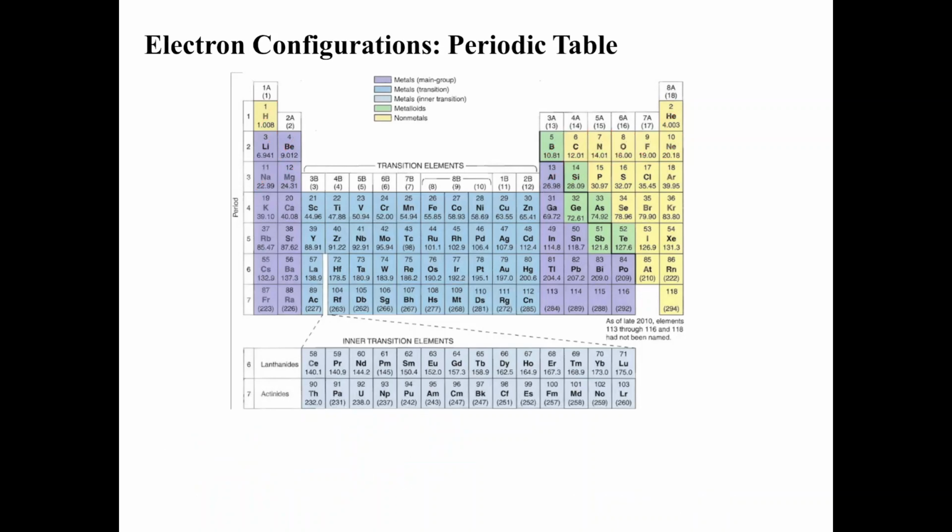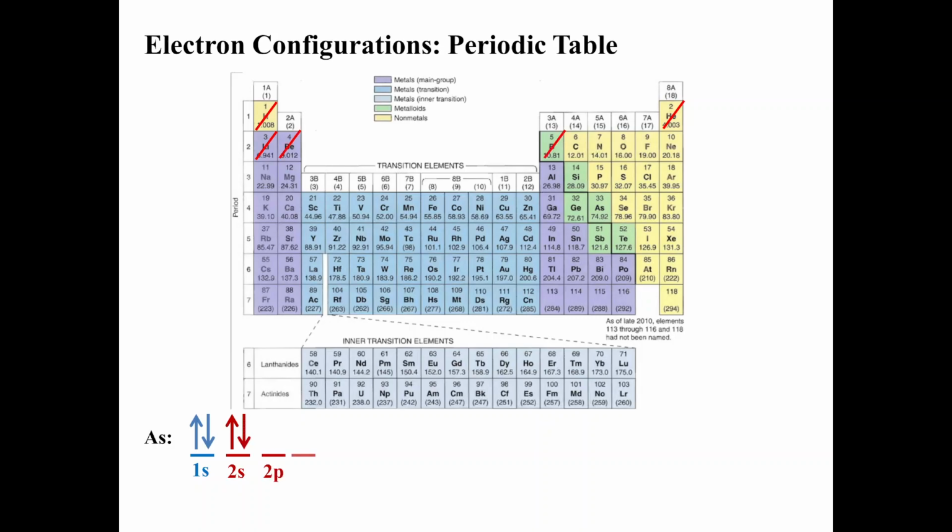All right, let's do one more example. Let's do arsenic. All right, so arsenic has 33 protons and 33 electrons. So again, we're going to start off with hydrogen, and that would be our 1s orbital, then helium. Then we get to lithium, and that's going to give us our 2s electron.